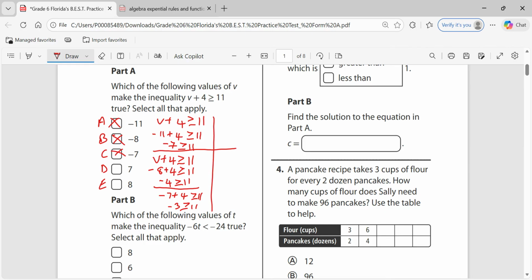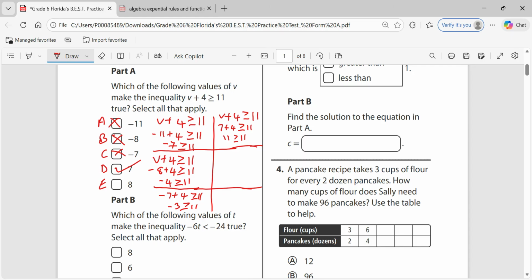I'm going to keep going until I am done. The next one is V plus 4 greater than or equal to 11. The V I'm trying is 7. 7 plus 4 is 11. Is that true? Is 11 greater than or equal to 11? Well, yes, because it's equal to 11. That's an option.